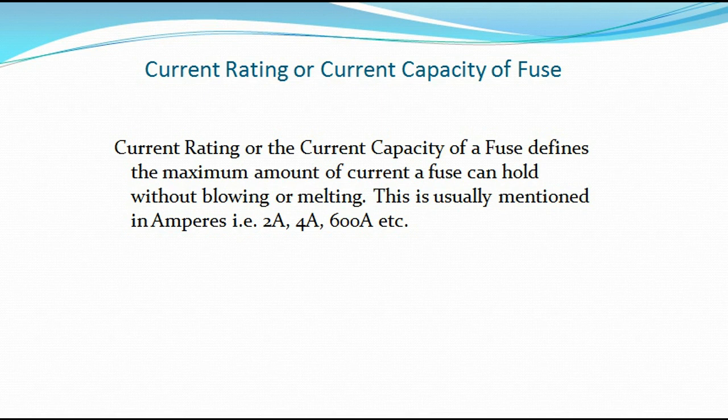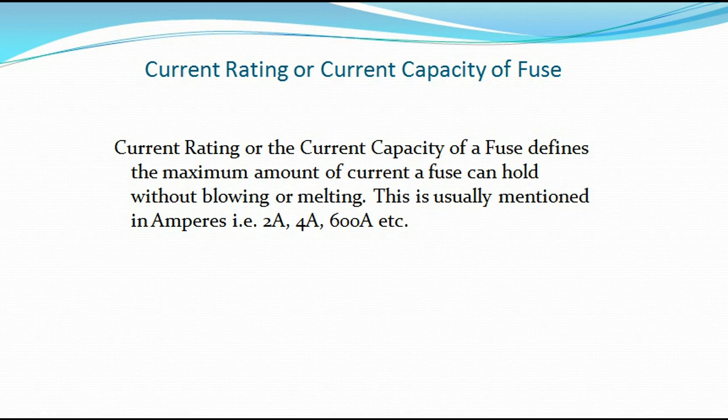So in this case, the maximum amount of current a fuse can handle without blowing or melting, that is what this current rating means, the maximum amount of current a fuse can hold or withstand without blowing or melting.